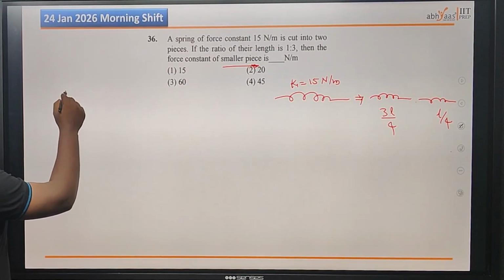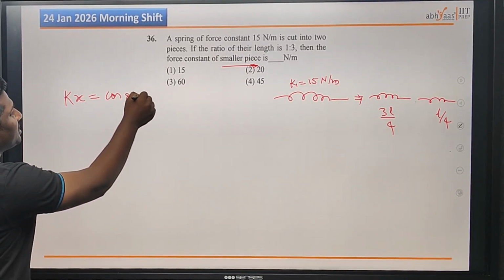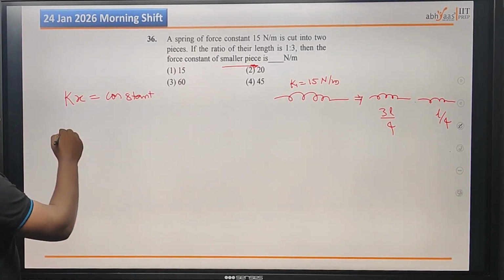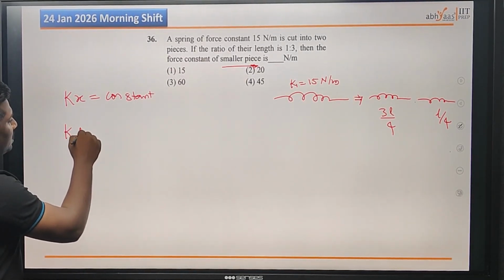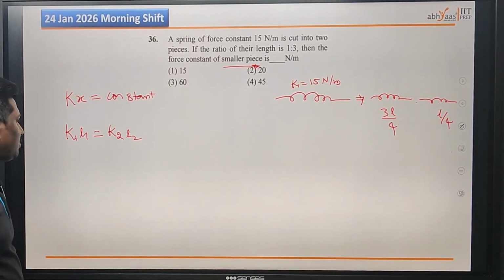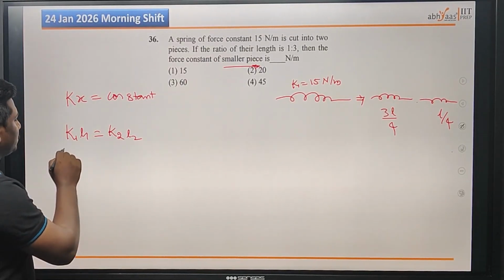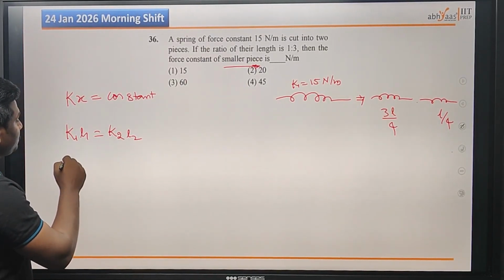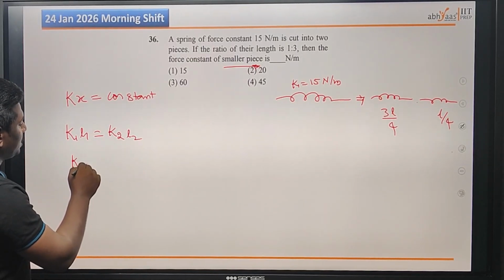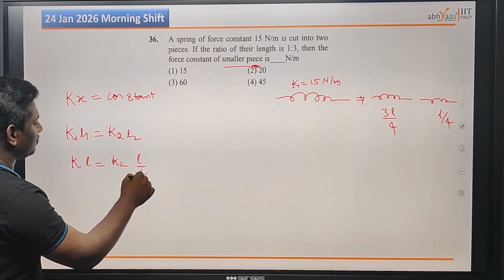We know that Kx equal to constant. What is X? X is nothing but elongation or compression, whatever it may be. So K1 L1 equal to K2 L2. What is L2? L by 4. What is L1? L only. K1 is 15. So see here, L, K2, L by 4.